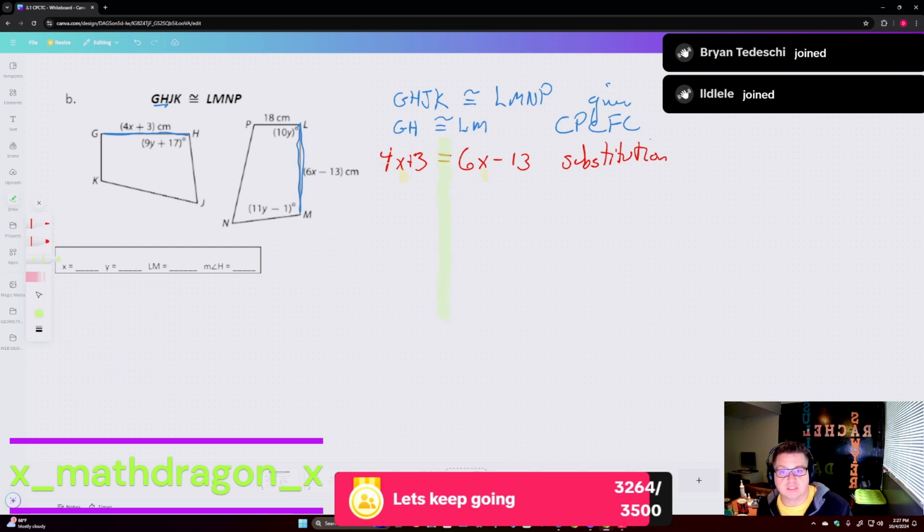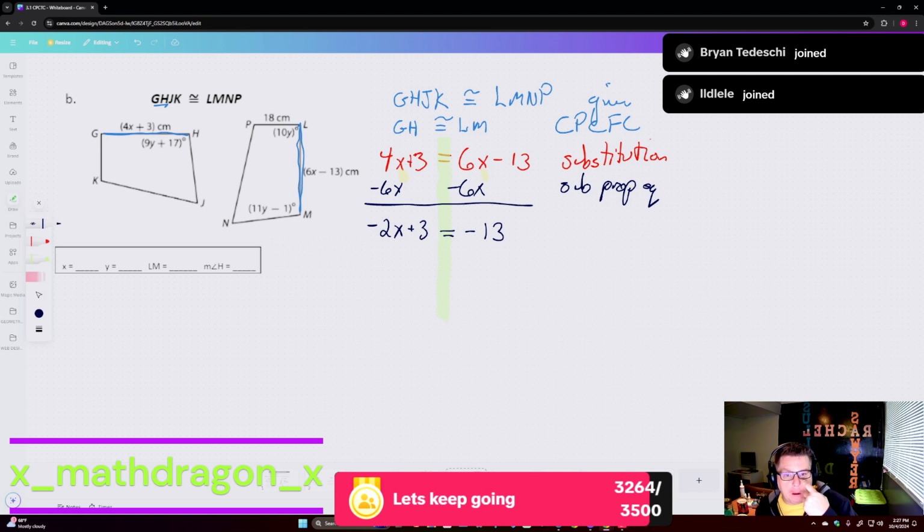So I can move the 6 or I can move the 4. We took the easy route last time, so I'm going to take the negative route this time. I'm going to show that even though we get negatives, this is subtraction property of equality. So we're going to get a negative 2x plus 3 equals negative 13. And that is because we zero out the 6 x's.